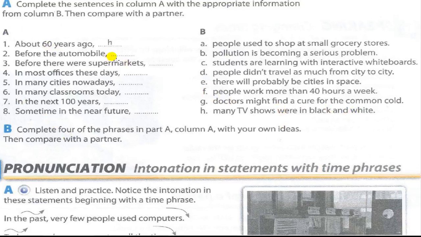2. Before the automobile, this is a car, D. People didn't travel as much from city to city. 3.